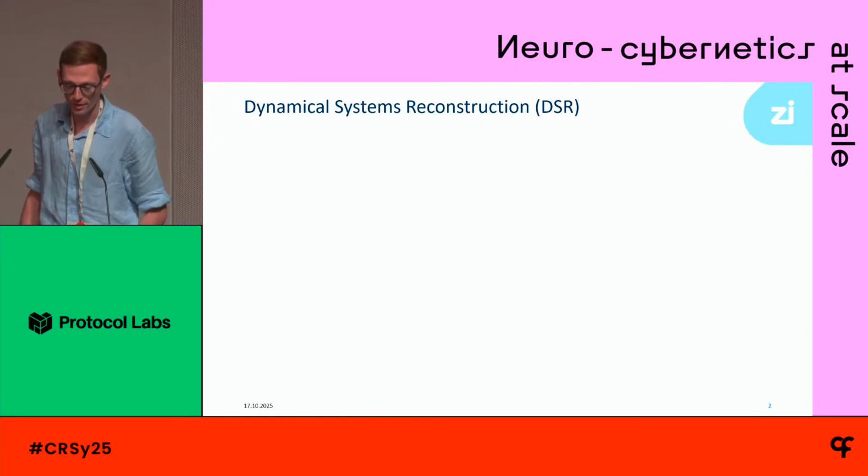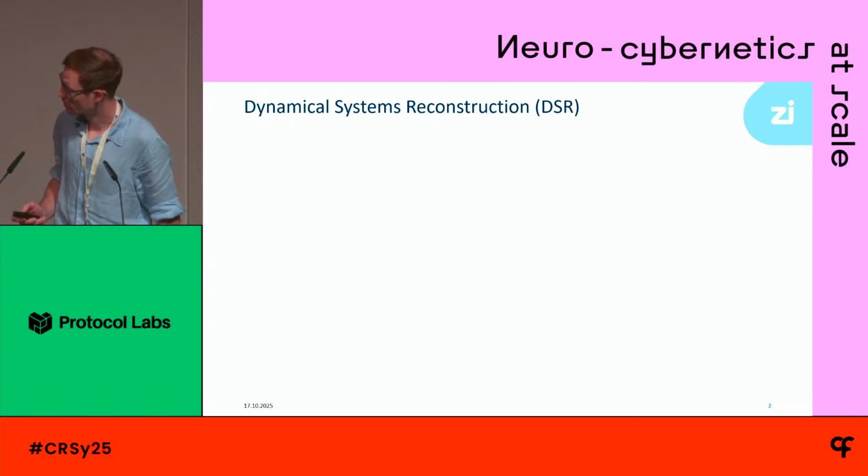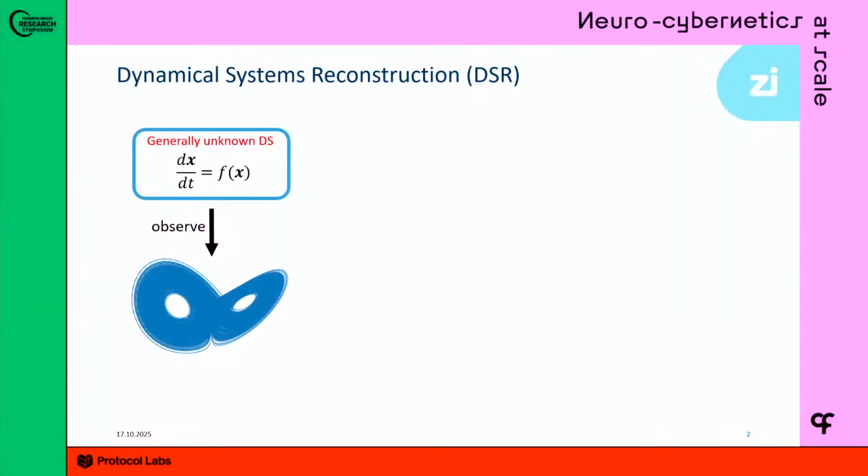So most temporally evolving phenomena like climate dynamics or brain activity can be described by dynamical systems. And often we only observe some data from these dynamical systems.